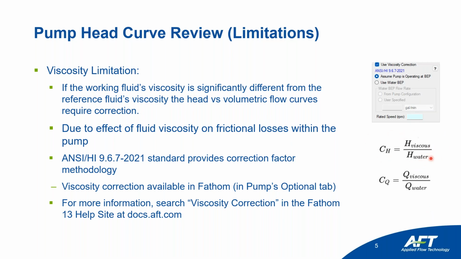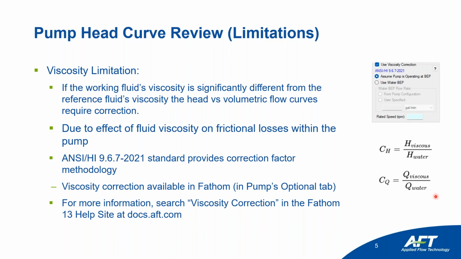And this correction for head value and correction for volumetric flow value have to be calculated. This is due to the effect of the fluid viscosity on frictional losses within the pump. Of course, the pump produces a pressure rise, right? But that pressure rise gets detracted from by the frictional losses in the pump. And those frictional losses depend on the fluid's viscosity.